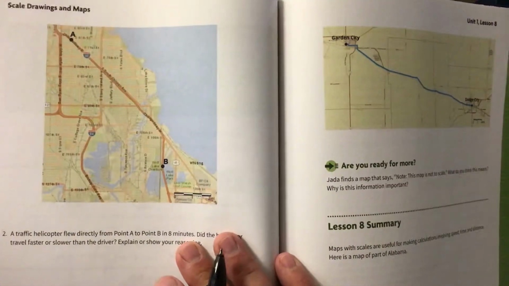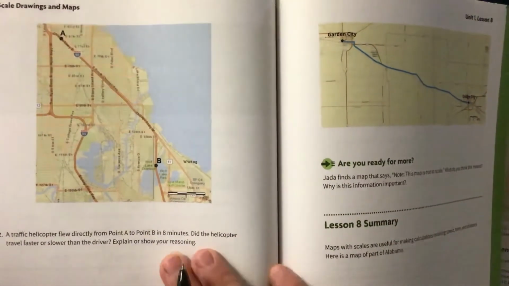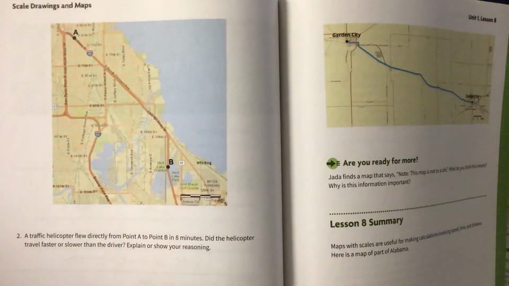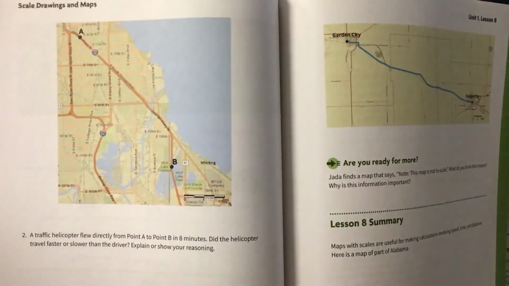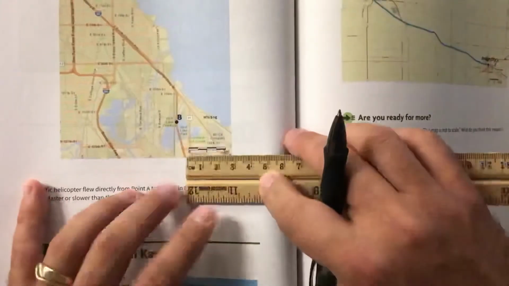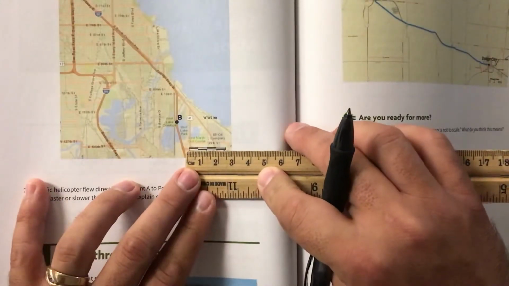The map is on the next page. Okay, so she traveled from point A to point B. So first of all, let's measure the scale and see if we can agree on a scale.